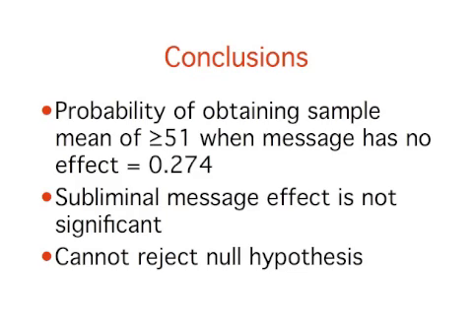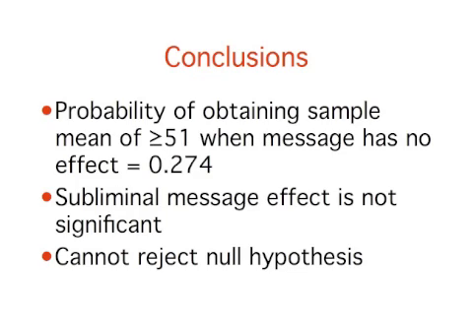What can we conclude from this? The probability is 0.274 that a sample mean of 51 or higher would be found even if the subliminal message has no effect. This is a relatively high probability. The probability should be much lower, such as less than 0.05, in order to strongly support a conclusion that the independent variable has an effect.